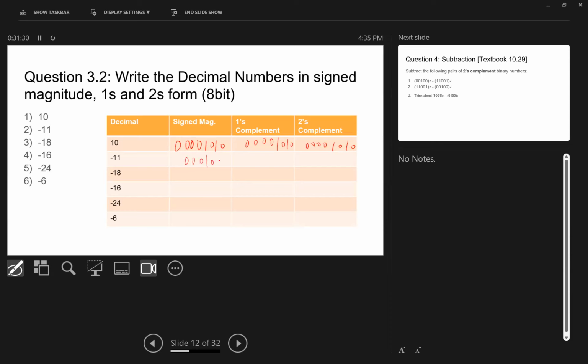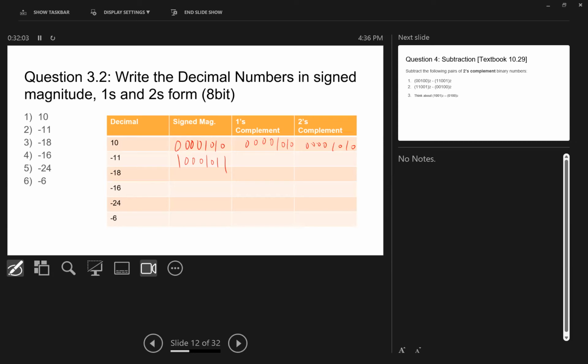So that's the 7-bit unsigned representation for the decimal 11, right? And then since we have a negative symbol here, we assign the MSB as 1.